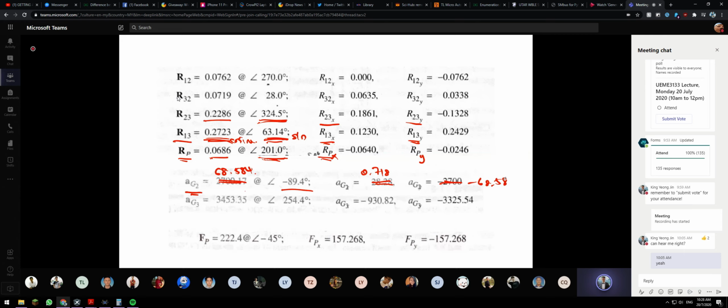Same as here, for AG3 I think the textbook made an error there.